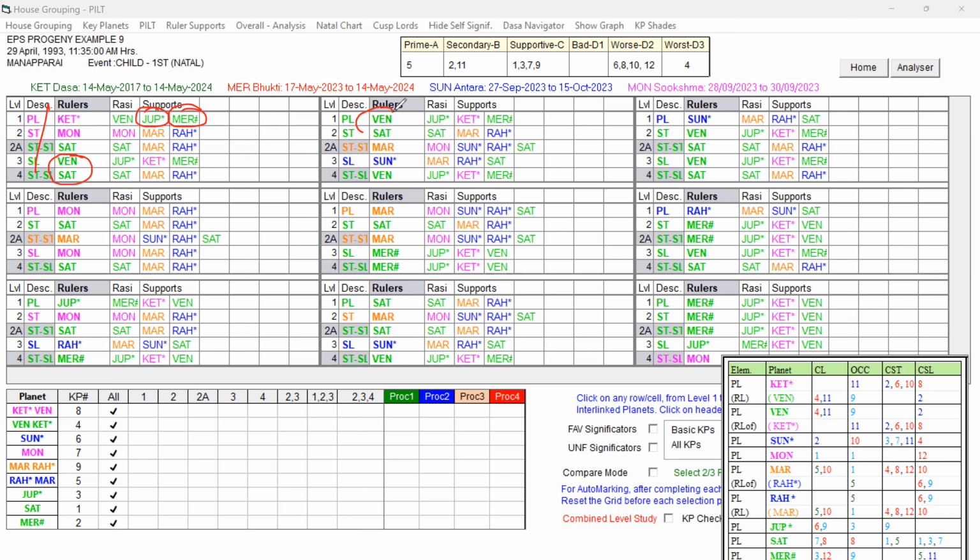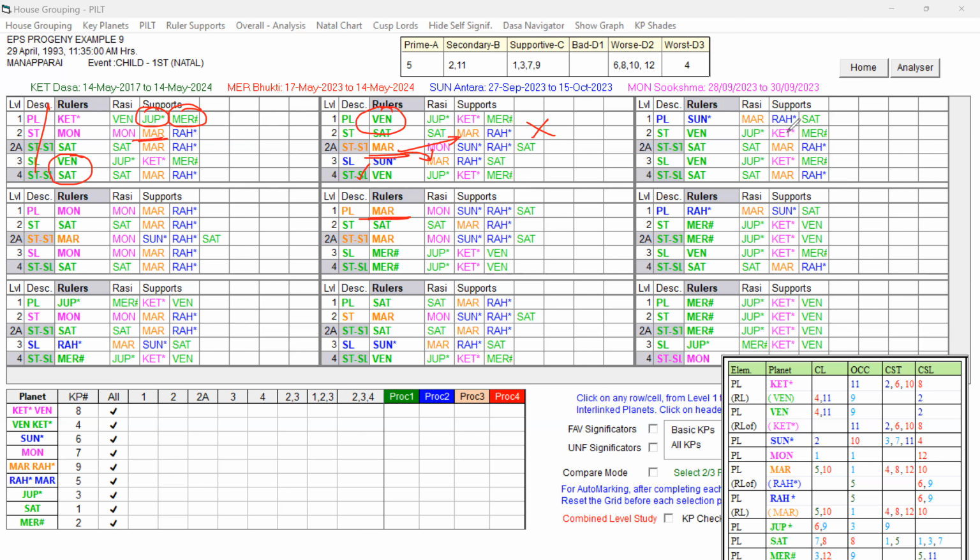Venus and Saturn have come, good, and Venus is playing, but Mercury is not playing, and the unfavorable Mars, which is the primary unfavorable key planet, is influencing the Moon. The primary cuspal lord itself is weak. So Mars is playing at the 2A level, but influencing the star lord and sublord also. So this is not strong.